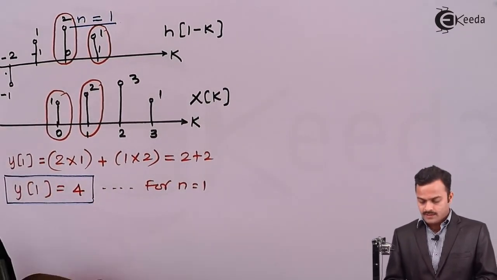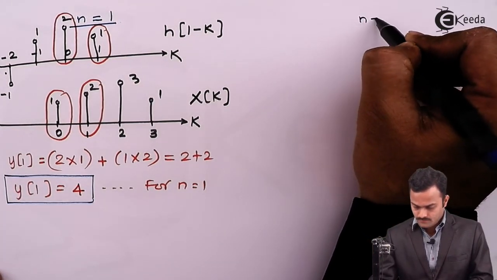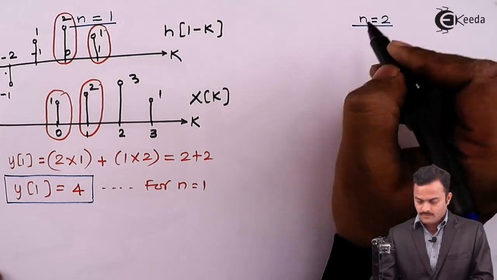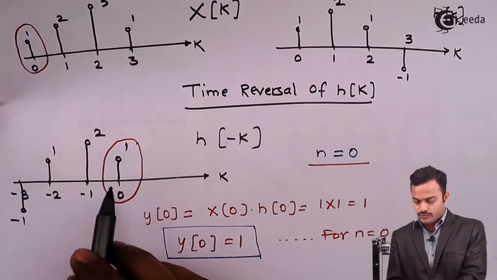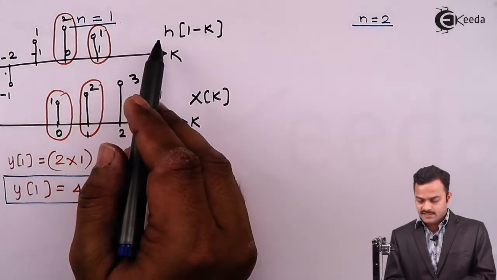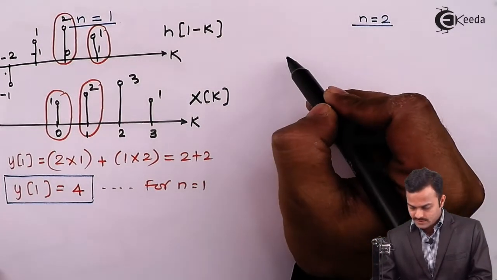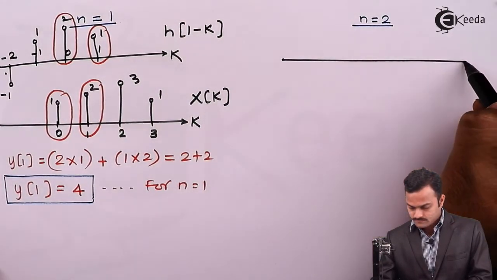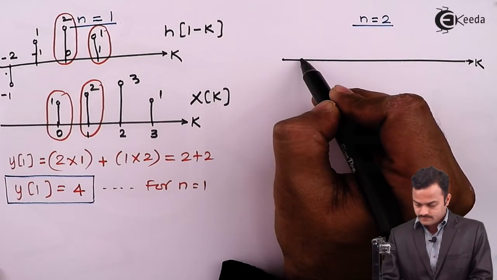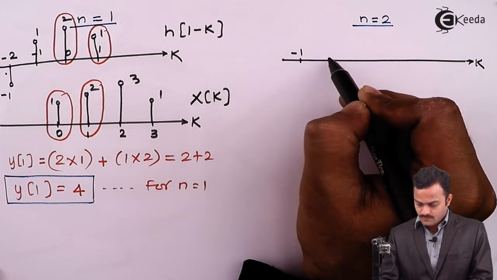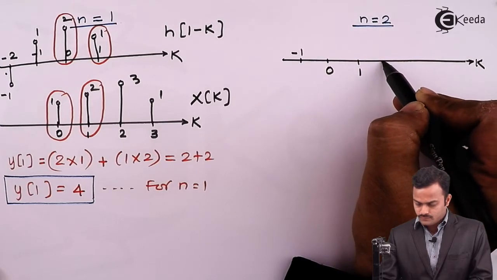Let's quickly go ahead and do it for n equal to 2. N equal to 2, that means h of minus k I need to shift by 2 units to the right, or I can say this particular thing has shifted by 1 unit to the right. So we will get a signal like this. It will start from minus 1 and it will end at 2.